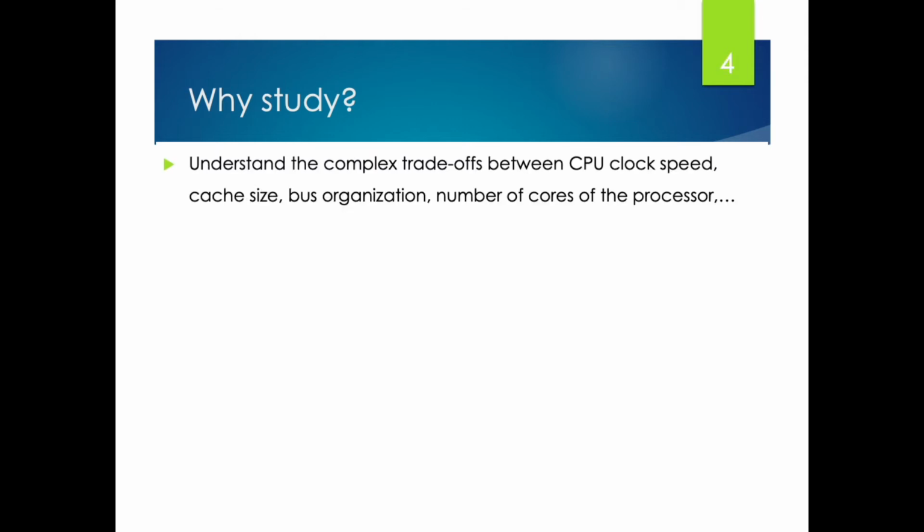Another reason you need to study computer architecture is that there are always relations between the basic components, that is the CPU, the memory, and the I/O systems. Let's take a look at the relationship between the CPU and the memory. There is always a dissimilarity in processing speed between those components.